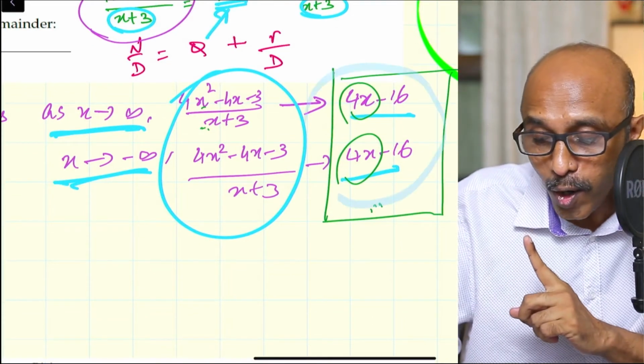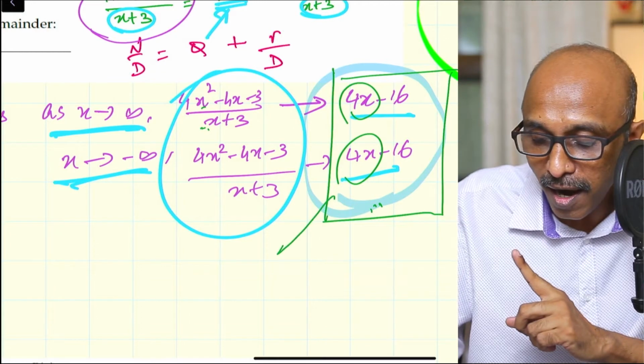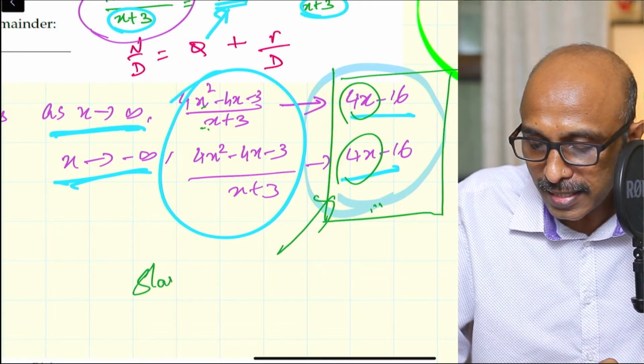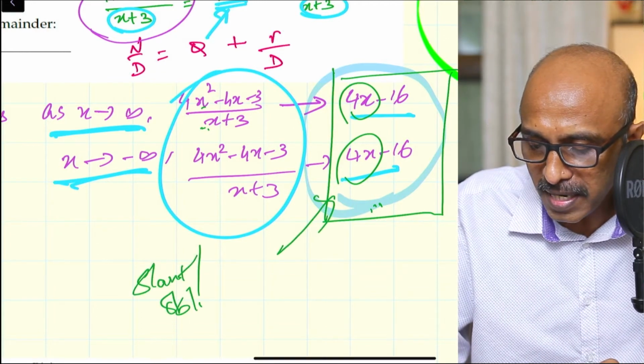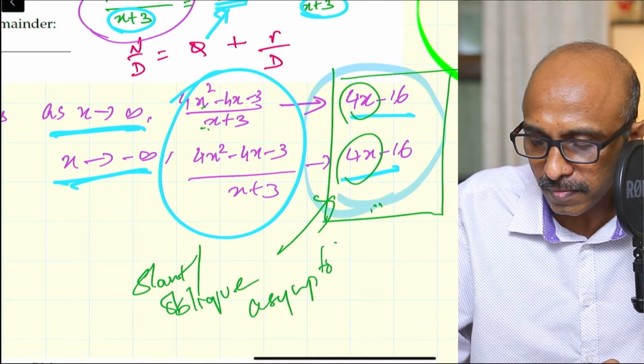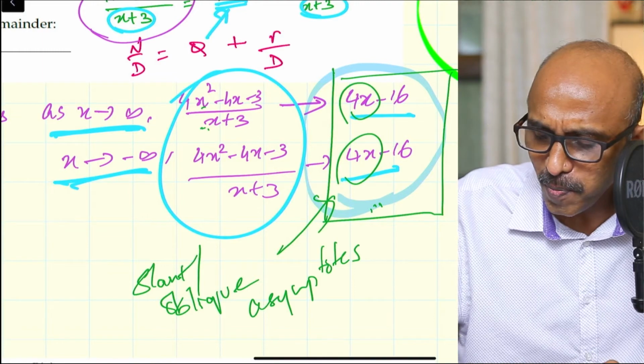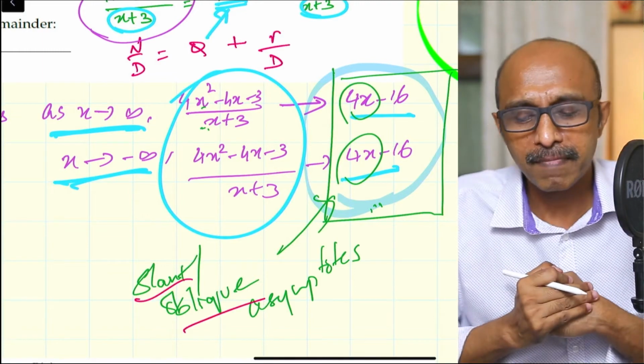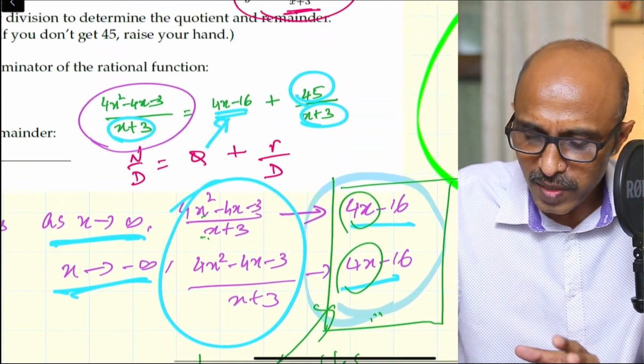And these non-horizontal asymptotes are known as slant or oblique asymptotes. Interesting, huh? Oblique, slant. Let's just quickly go through what we explored so far.